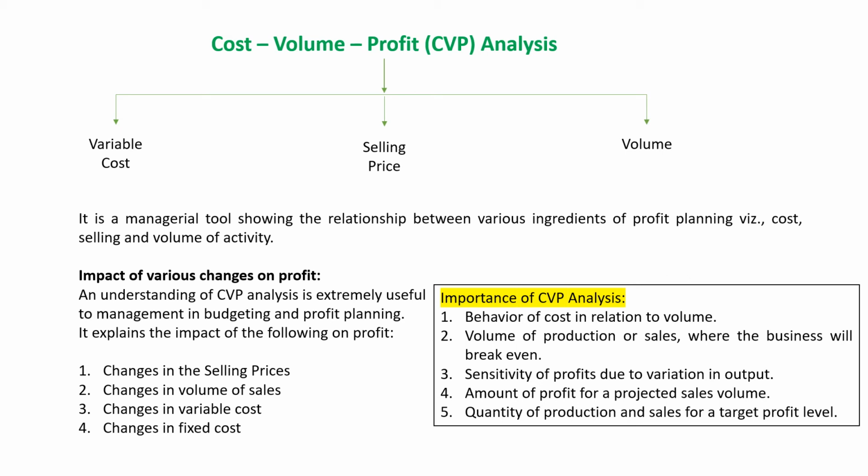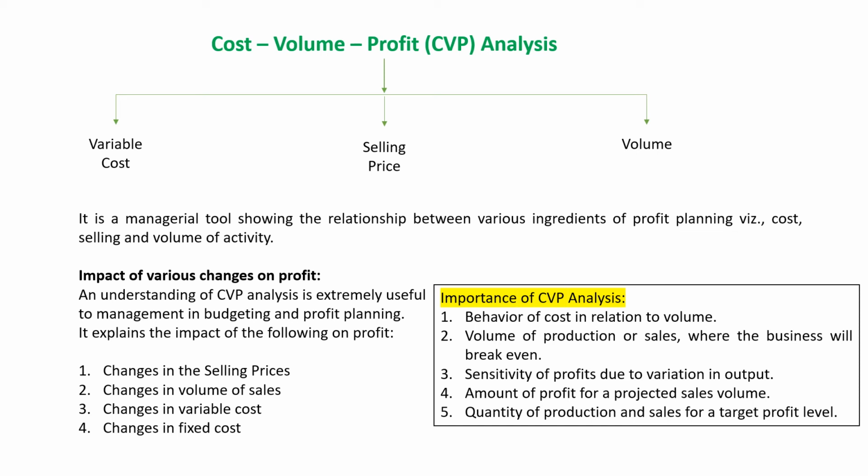And because this is under marginal costing, it assumes that all cost can be divided into fixed and variable cost, which is not exactly even. Semi-variable cost can be easily identified under fixed and variable. Okay, but practically it is not like that, but it is one of the assumptions.